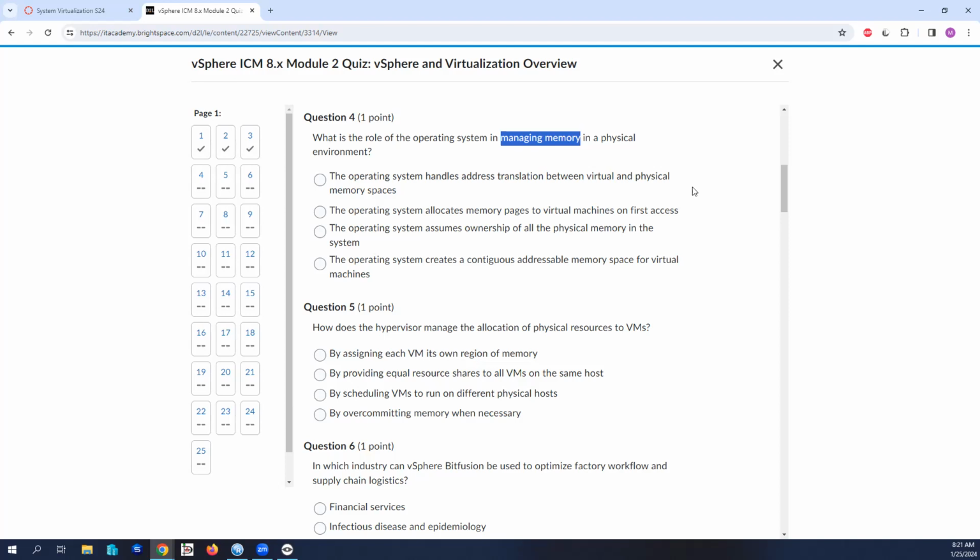Again, that's talking about virtual machines, and that's not what the question is. This one is about virtual machines, which is not what the question is. And this one up here is talking about virtual, which is not what the question is. So that leaves us with only one choice. The operating system assumes ownership of all the physical memory in the system.